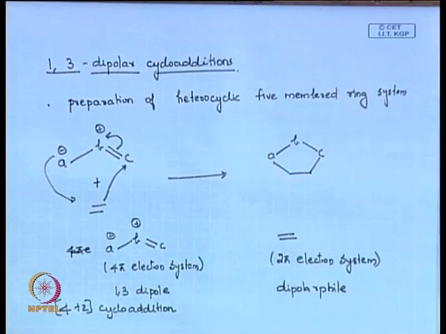So that is a small introduction about 1,3 dipolar cycloaddition reactions. So again it is a 4+2 cycloaddition. In 4+2 cycloaddition we have studied Diels-Alder, we have studied Alder ene. Now, in the next class we are going to study 1,3 dipolar cycloaddition reactions. Clear? So we will end our class with this today.